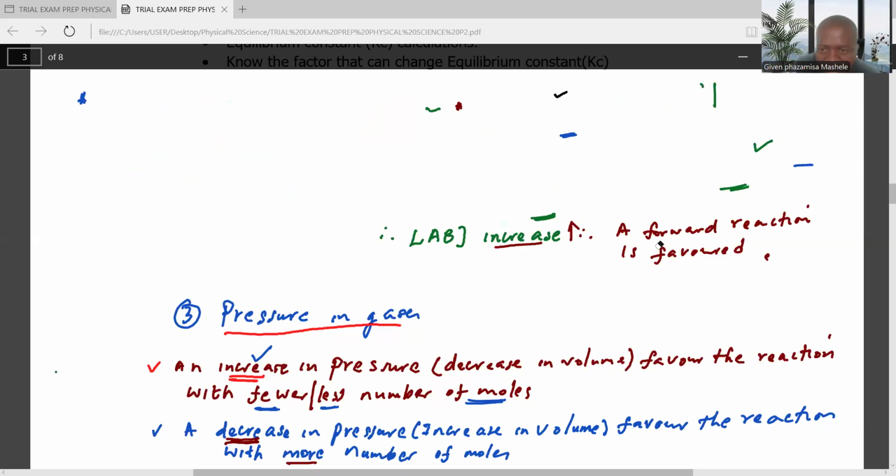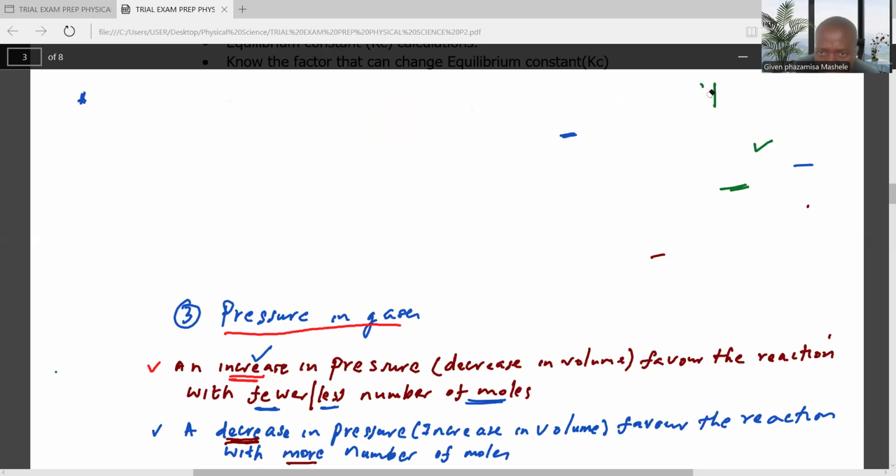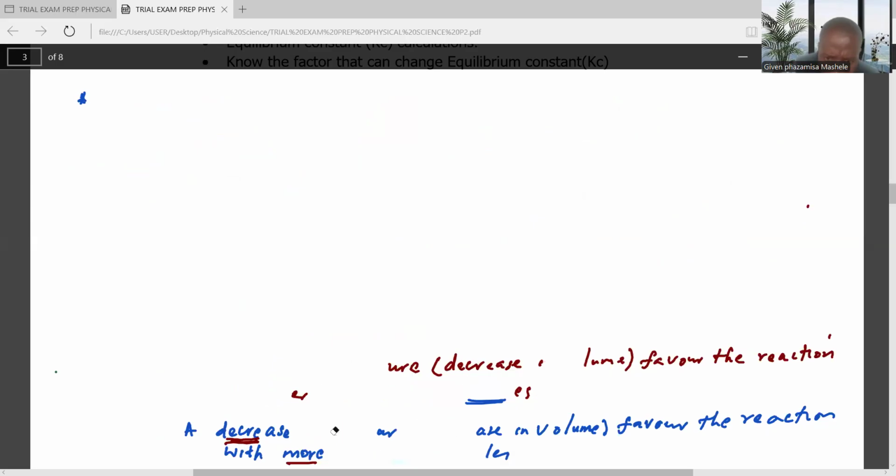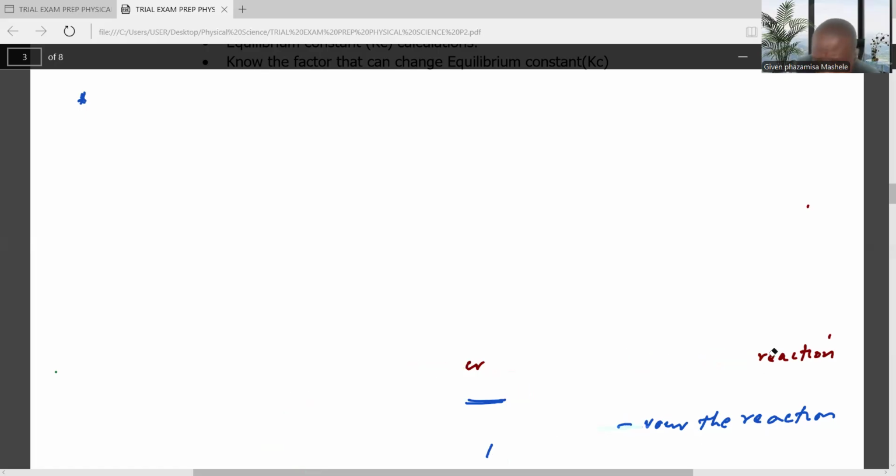For example, let me do this. I'll just write down a hypothetical reaction just to address some of the things which has to do with chemical equilibrium.